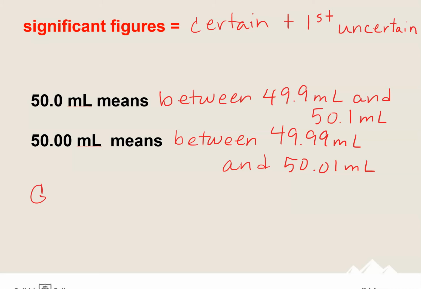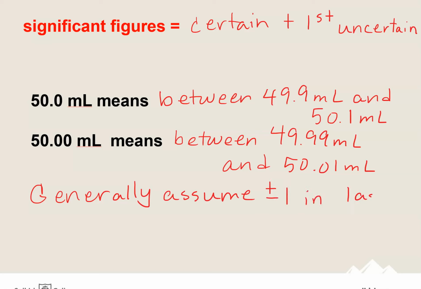What I concluded here is that we generally assume plus or minus 1 in the last digit. That's generally. Sometimes you can't estimate it to that close, but I'll indicate those cases when we run across them.